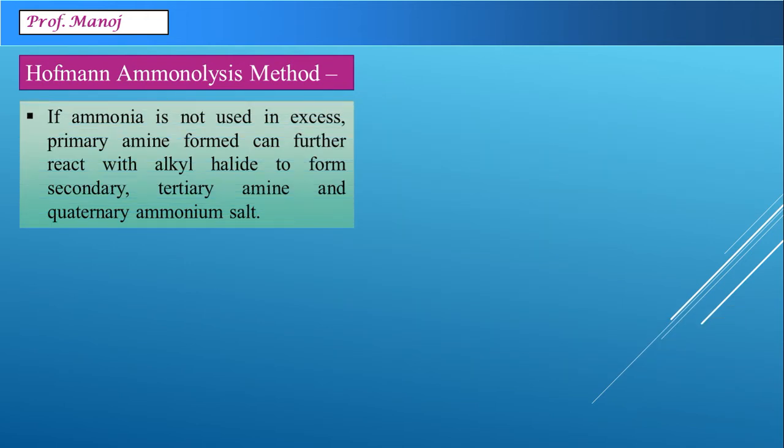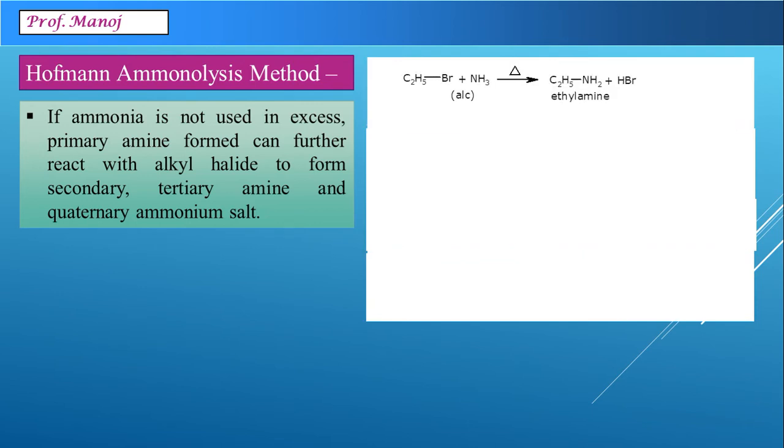If ammonia is not used in excess, then the primary amine which is produced can further react with alkyl halide and secondary, tertiary amines and quaternary ammonium salts are produced. Let us see how that reaction occurs. This is a reaction where 1 mole of ammonia is reacting, and you can see C2H5NH2 is the product.